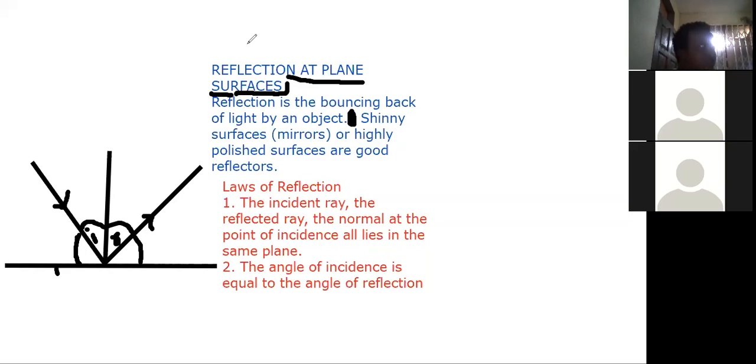We have the regular or specular reflection, and we also have the irregular or diffused or scattered reflection.